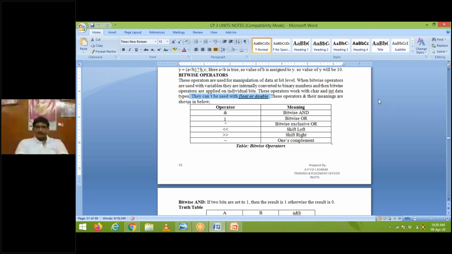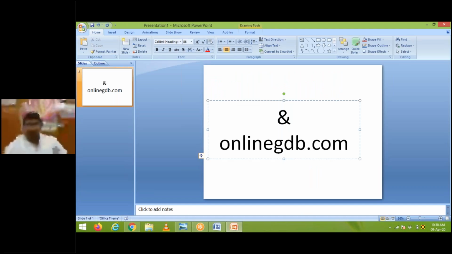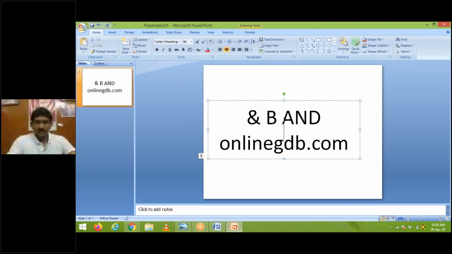Next, there are 6 types of operators. First one, bitwise AND. Notice the difference. A single & is a bitwise AND.